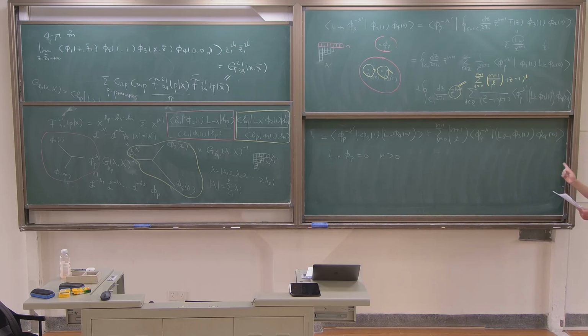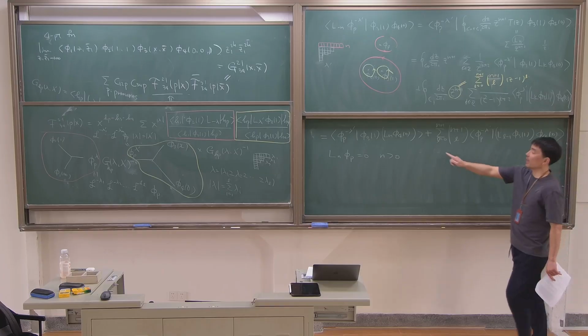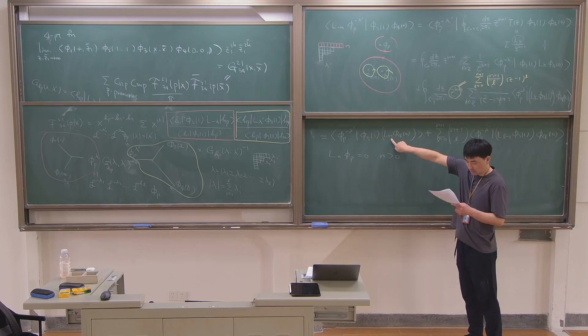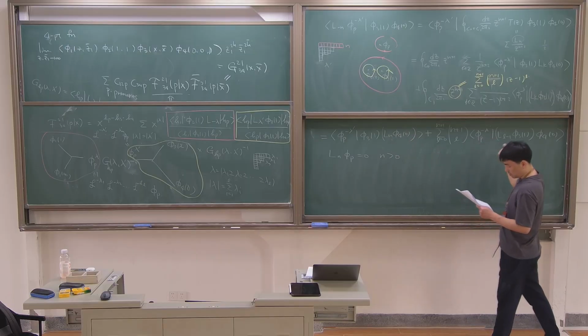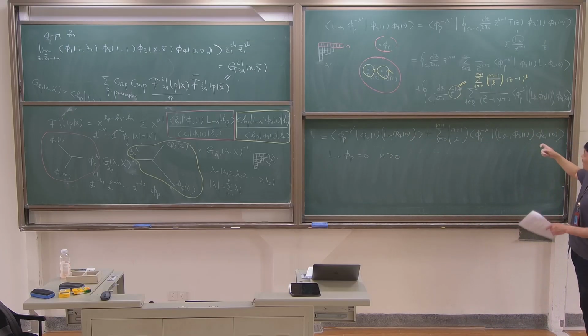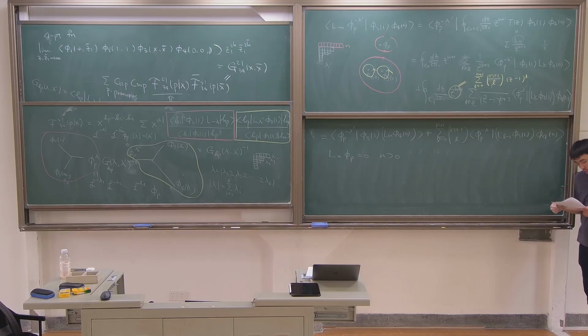And phi 3 and phi 4 are primary fields. So only when n is a non-positive integer can you have a non-vanishing term. This is also the same: L minus 1, if it's non-positive, one can have a non-trivial term. So that's how it works.